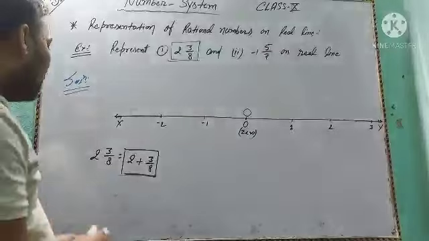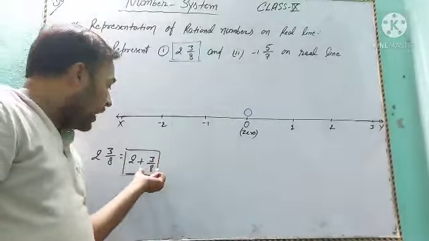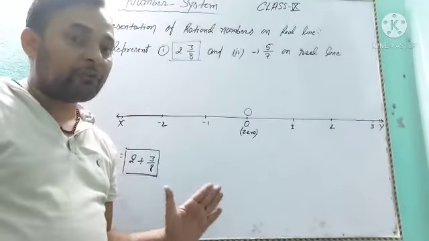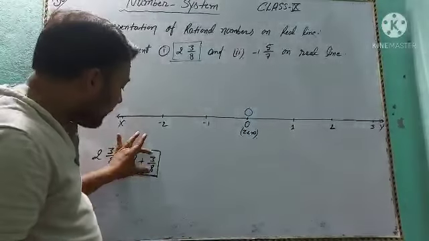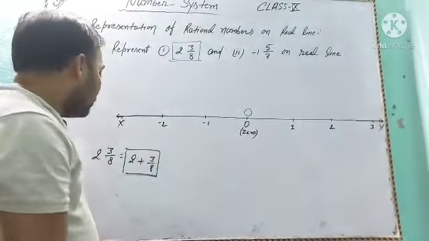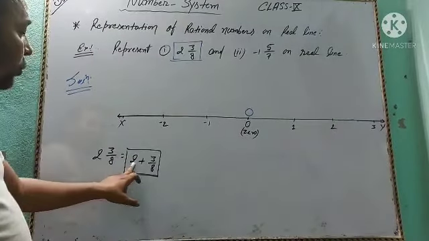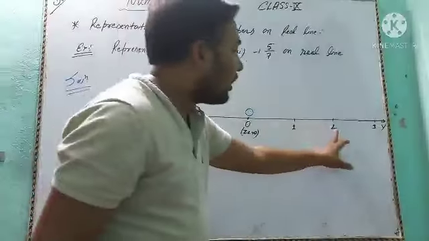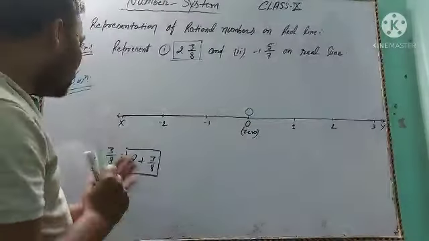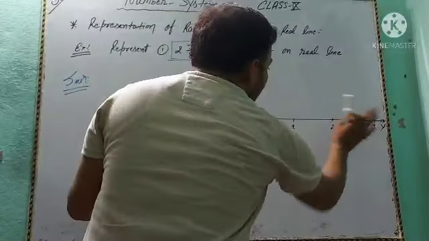Next, in 2 plus 3 by 8, the 3 by 8 is the proper fraction and the value of the proper fraction lies between 0 and 1. 2 upon 3 by 8 जो नंबर है वो 2 से बड़ा और 3 से छोटा होगा. It means 2 upon 3 by 8 lies between 2 and 3.